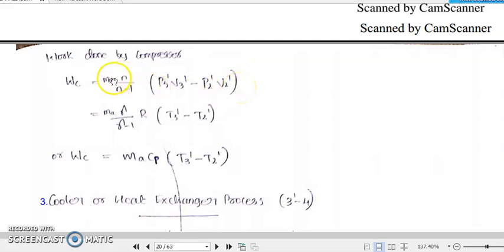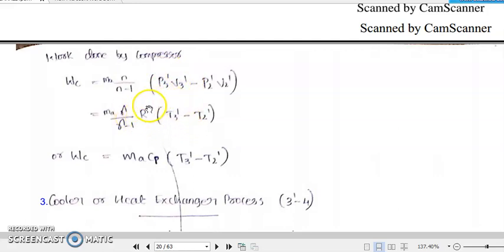Here we are talking about a compressor working, and we are assuming it as an adiabatic process, but not reversible. So instead of n, we can write gamma by gamma minus 1, because the thermodynamic exponent for an adiabatic process will be gamma. Then we can change these pressure volume terms into temperature terms.